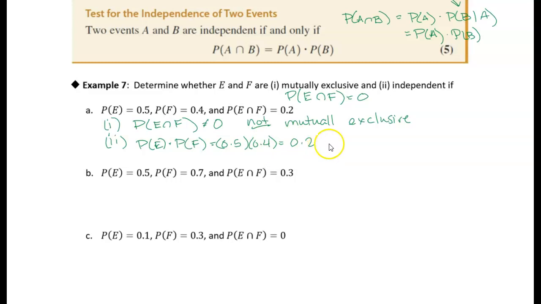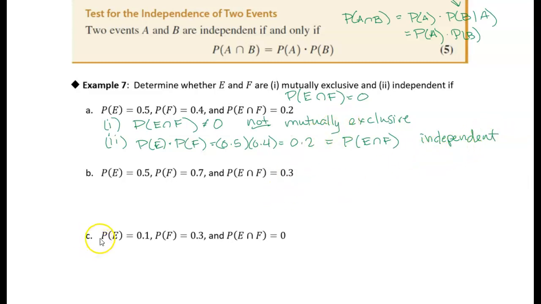And that is equal to the probability of E and F happening together. So we can conclude that yes, these events are independent.